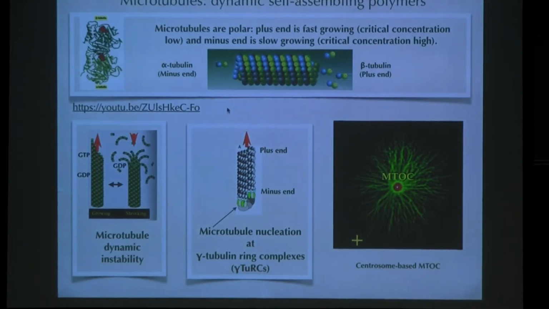So I'll just have a few words about what microtubules are, in case some people don't know. Microtubules are protein polymers. They're made of alpha-beta tubulin dimers as subunits, and these are self-assembling polymers which have two ends with different kinetics of assembly, plus end fast growing, minus end slow growing.